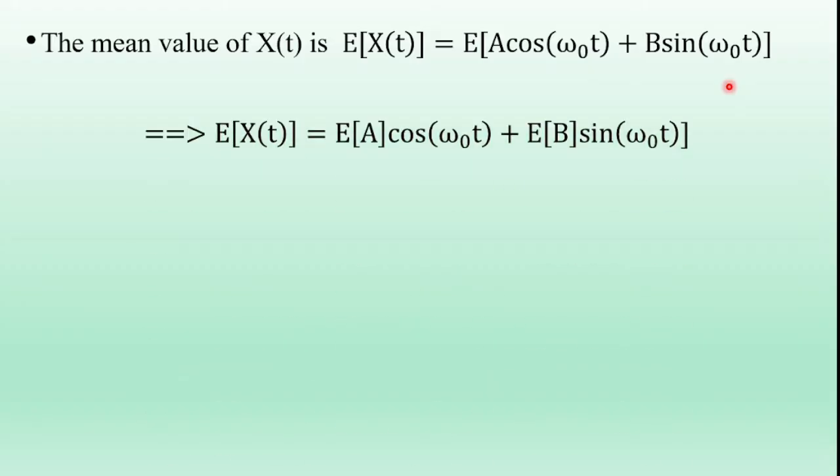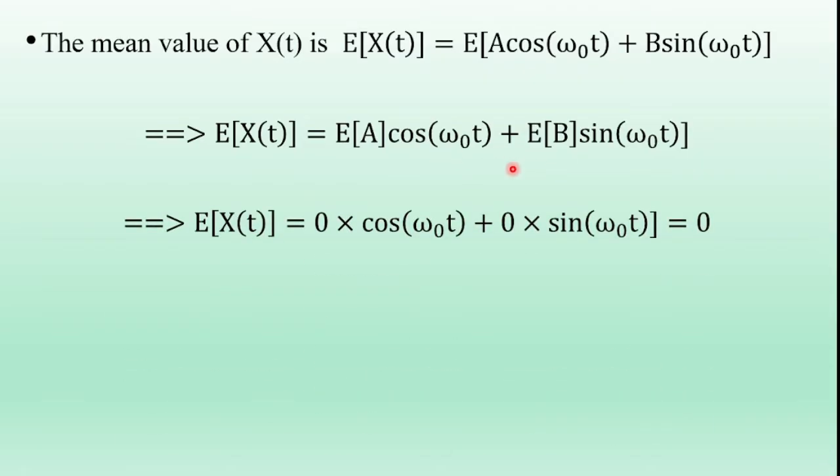So the right-hand side is expectation of A into cos omega naught t plus expectation of B into sin omega naught t. From the given data, expectation of A is 0 and expectation of B is 0, so 0 into cos omega naught t plus 0 into sin omega naught t is 0. So expectation of x of t is equal to 0.